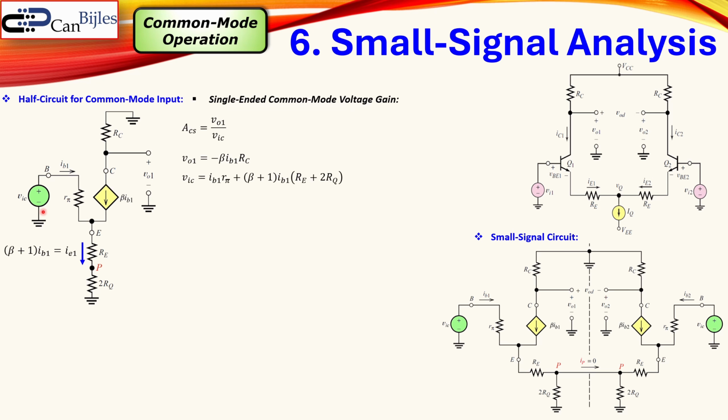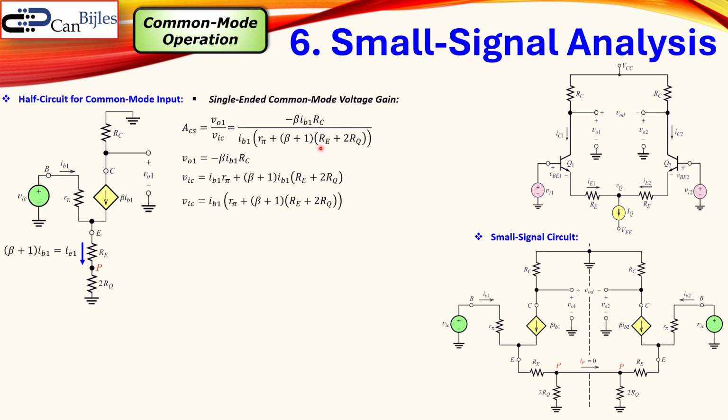So VIC here is equal to IB1 times R pi plus the voltage across these 2 resistors together, which is then RE plus 2 times RQ times the current here, which is the emitter current. Now let's again take out the IB, which is the base current, and then you have here the expression, because we know the VO1, we also know the VIC, that's shown here.